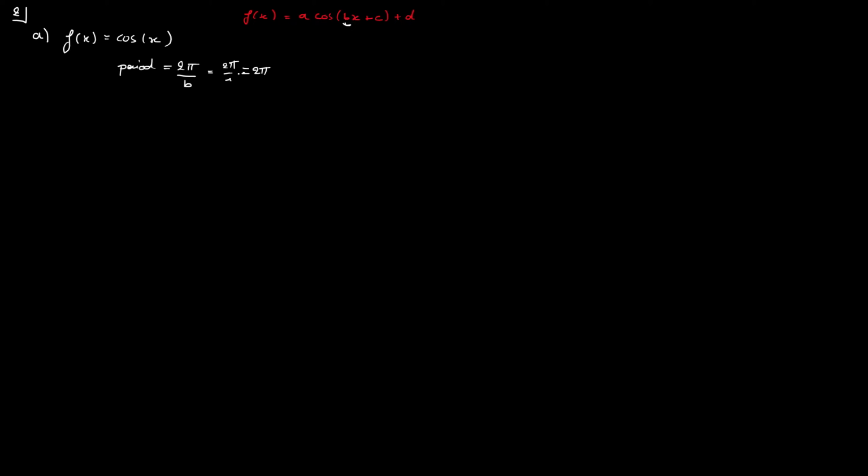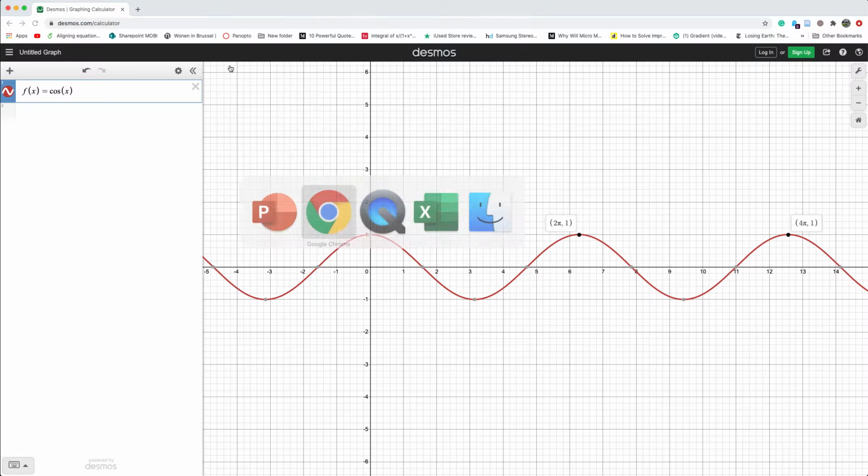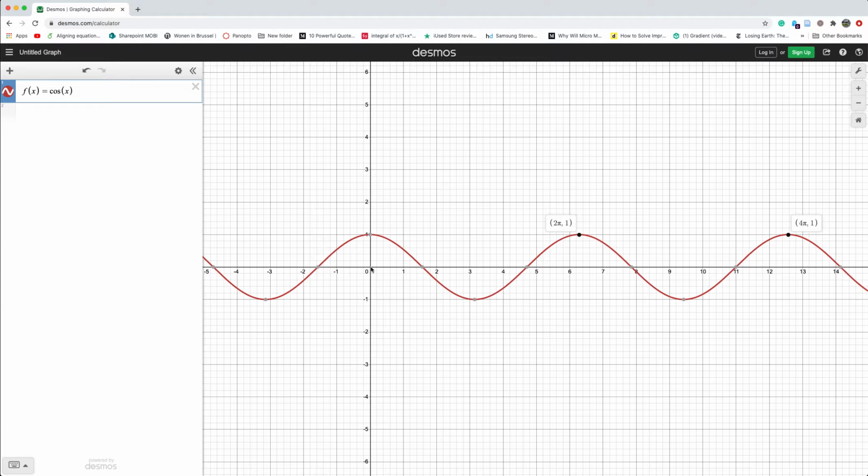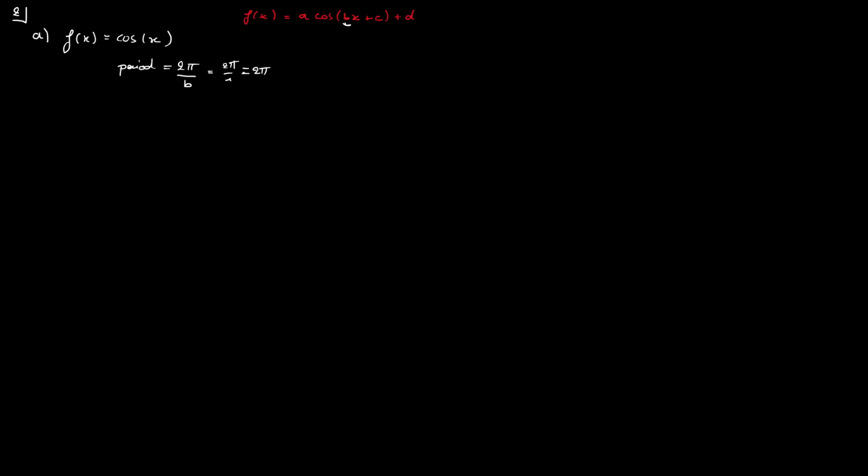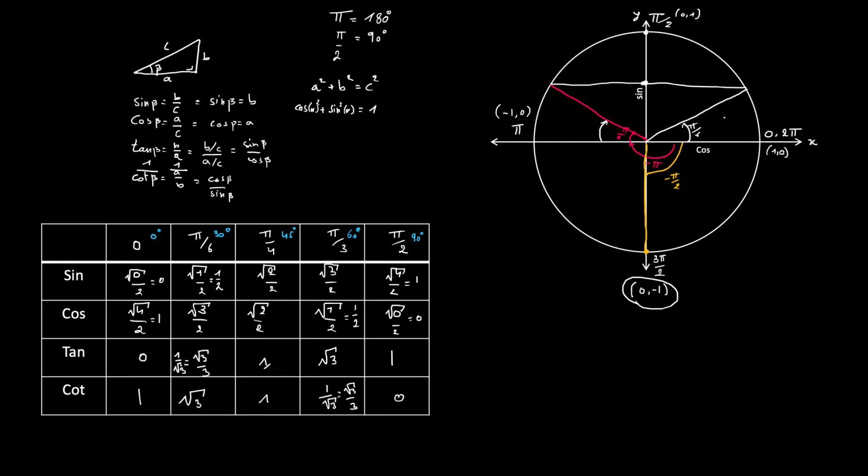Okay, and then the other thing that I want you to find is the amplitude of your function. For this, it means how high does your function go? If we leave here at the origin 0, we can see our function goes all the way up to 1 and then all the way back to -1. How does it do it? Well, we're actually interested in knowing the radius of this circle, right?